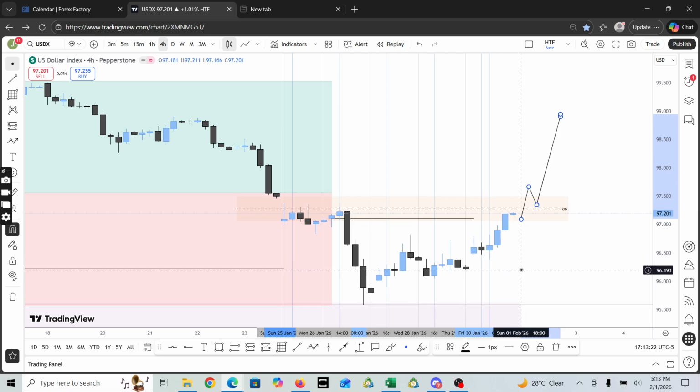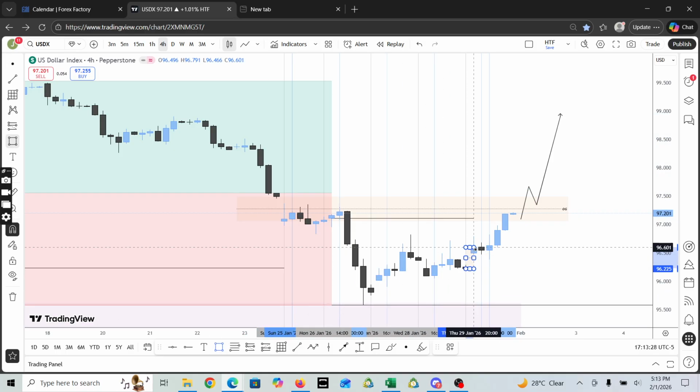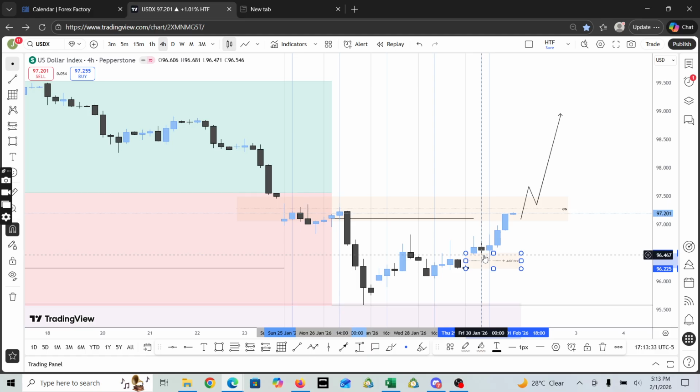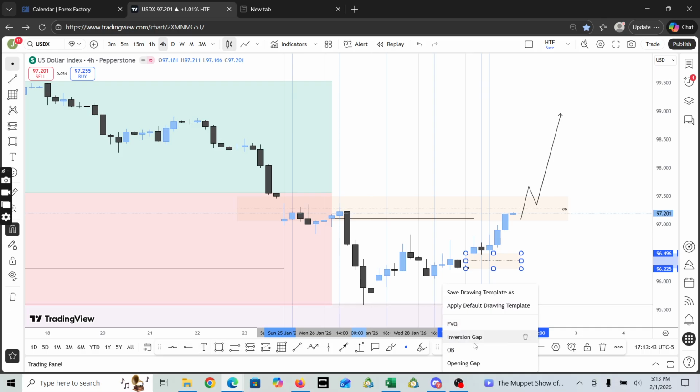Price traded back into it and then ran away. Let's see here. This is the close. This is the open. That's it. You saw price on Friday trading back to it, and then using that as support for expansion, right? So let me label that so it's easy to see.